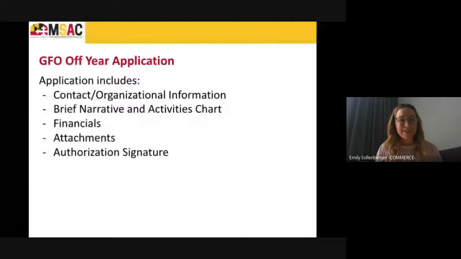But moving forward into the off-year application, as Laura mentioned, this is the shorter version of the GFO application. So it involves the contact information for your organization and the person that's connected to your organization. There's the brief narrative and activities chart, financials, which may or may not include attachments this year, and your authorized signature.